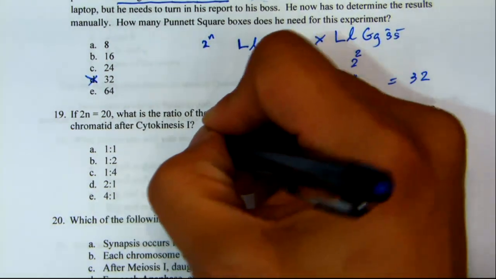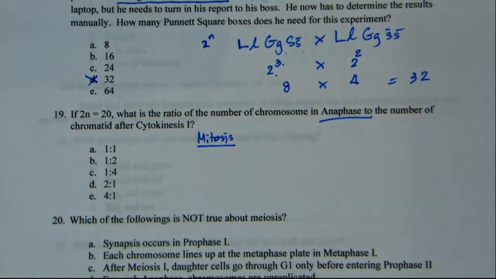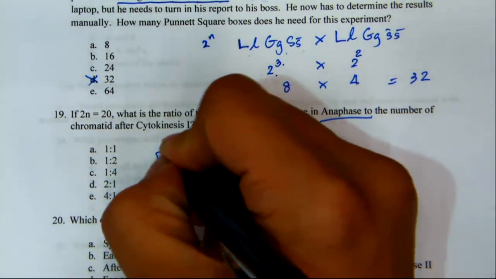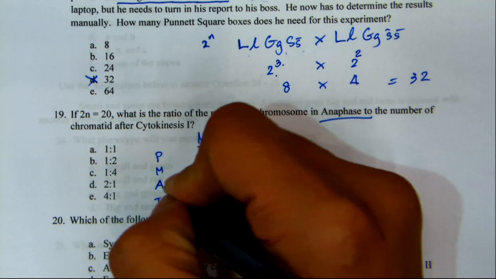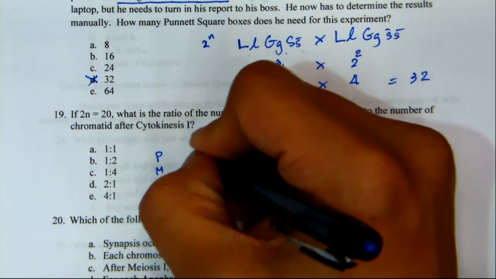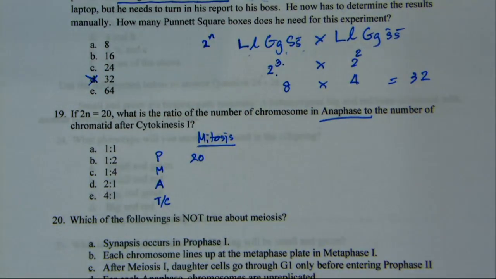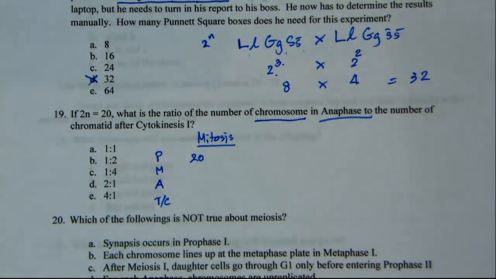So for mitosis, we go prophase, metaphase, anaphase, telophase, then cytokinesis. We start with 20 chromosomes, 2n equals 20. We don't really need to know the chromatids because we're looking for chromosomes.